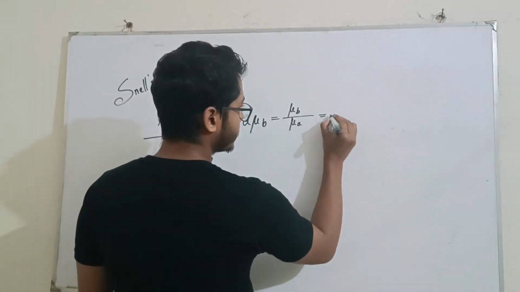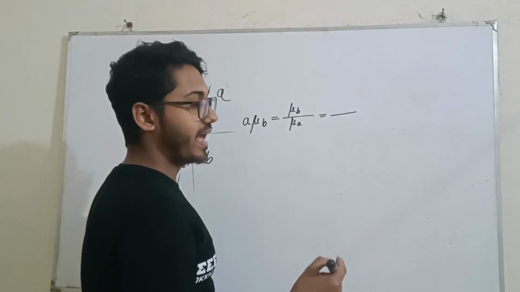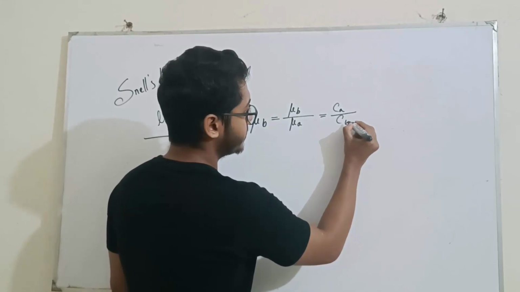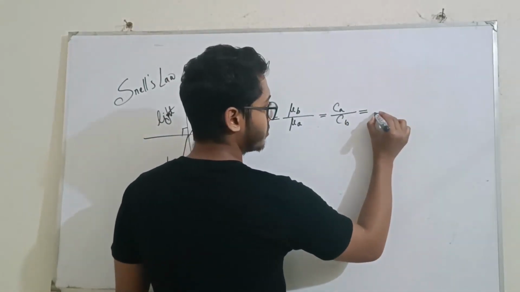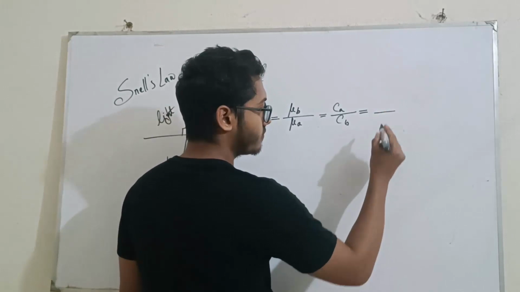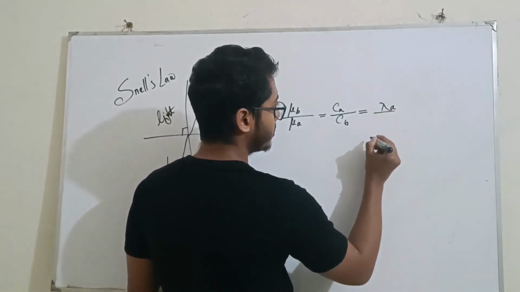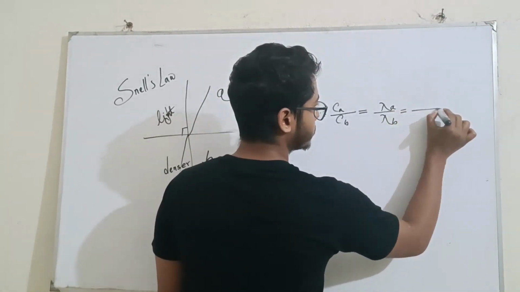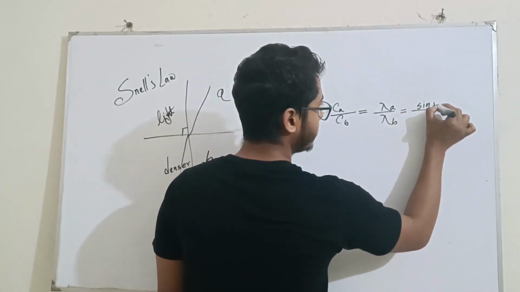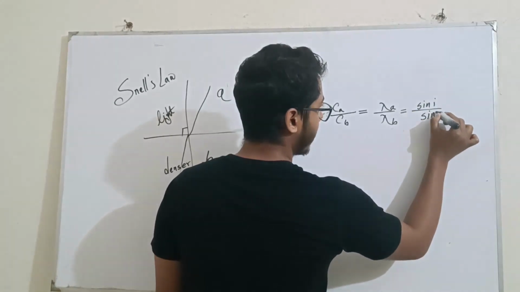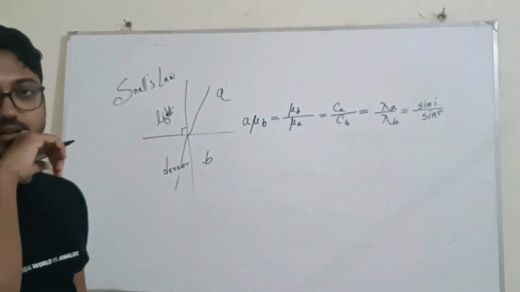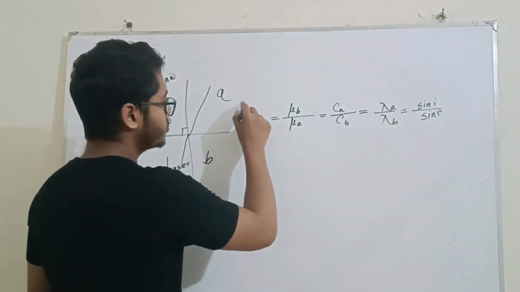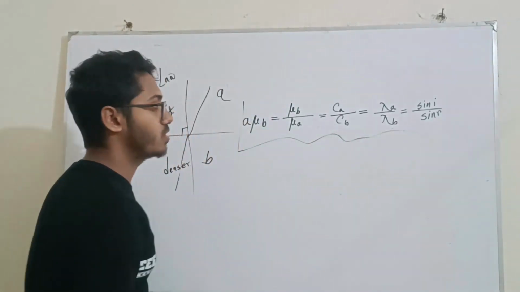We can also write the speed of light in medium A by the speed of light in medium B, or the wavelength of light in medium A by the wavelength of light in medium B, is equal to sine I by sine R. We all know Snell's law. I don't have to tell you. We have to use these relations to do our maths.